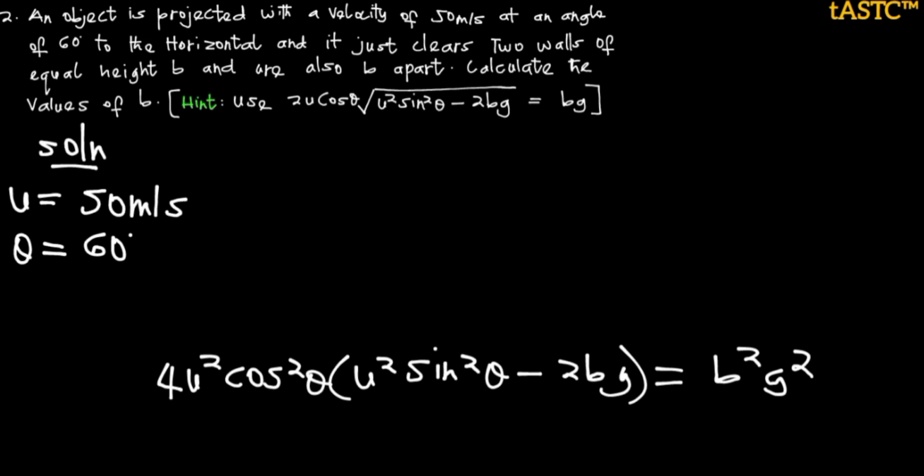So next thing I'm going to do is take this stuff and divide both sides with it. So that is going to cause it to leave this left hand side. So what we're going to have on the left hand side would just be u squared sine squared theta minus 2bg.